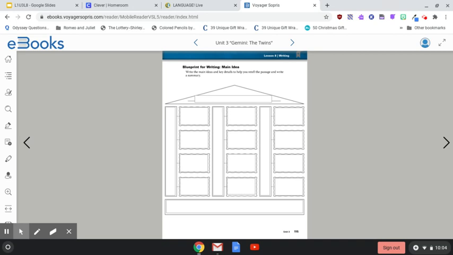Now turn in your student books to page 115. We're going to complete this blueprint. We're going to write our topic on the floor.